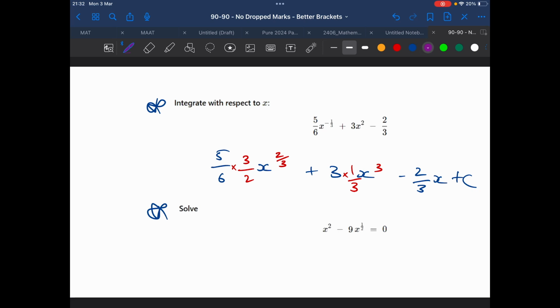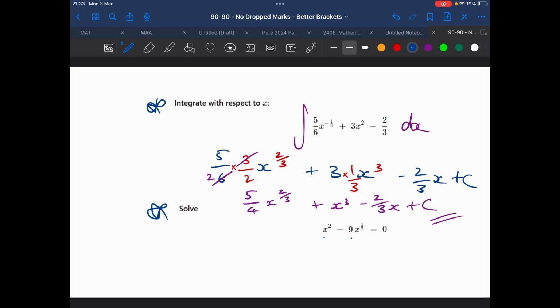Let's do a bit of tidying up. So that one there is going to leave me with a 2. So I think I get 5 over 4 x to the 2/3. Over here, that's just a 1x cubed minus 2/3 x plus c. There we go. That's how we would integrate this one with respect to x nice and quickly.